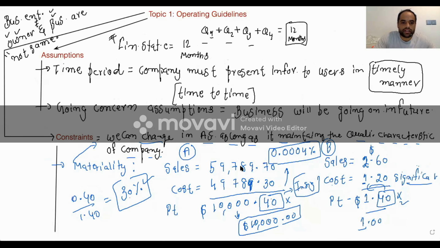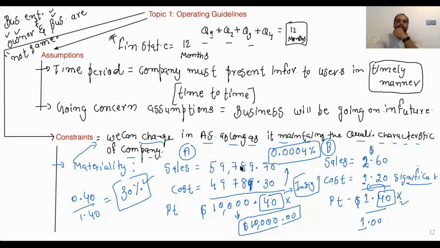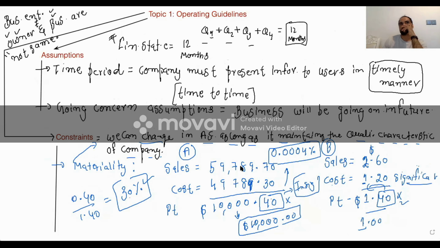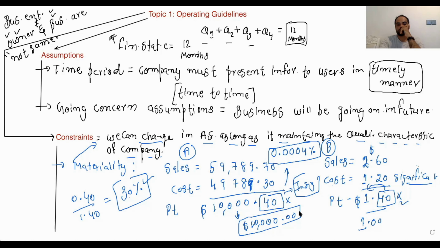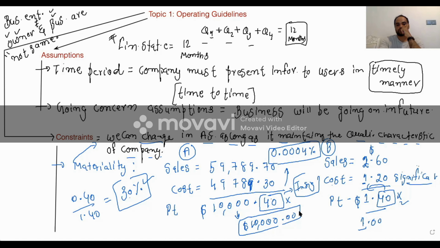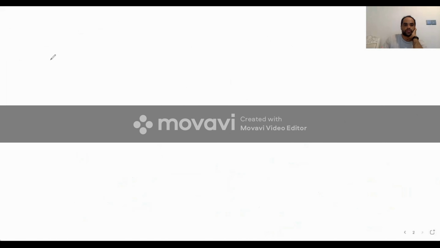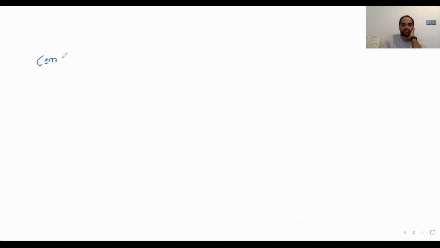The next constraint is the conservatism constraint.